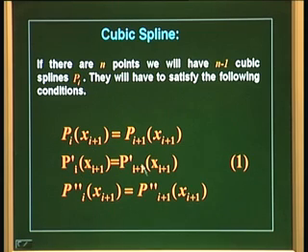And then we have the derivative continuity, this also we just now saw, and now we also have the second derivative continuity. Okay, so we say that pi double prime, the second derivative of the polynomial in the interval I to I plus 1, should match with that between I plus 1 to I plus 2 at I plus 1. So we have an additional condition here, because we have a cubic polynomial now.